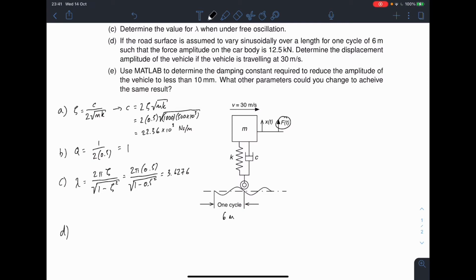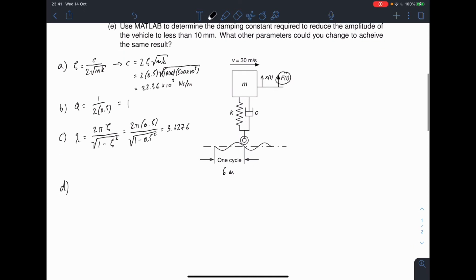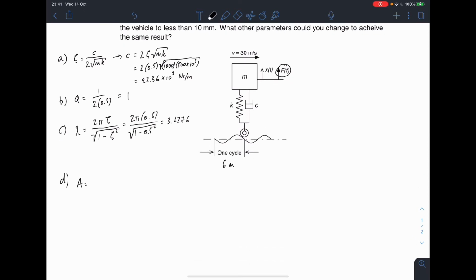So we need to work out, obviously we've got an equation, the amplitude is F0 divided by k, and we've got 1 divided by the square root of 1 minus r squared, all squared, plus 2 zeta r squared, where r is omega divided by omega naught.